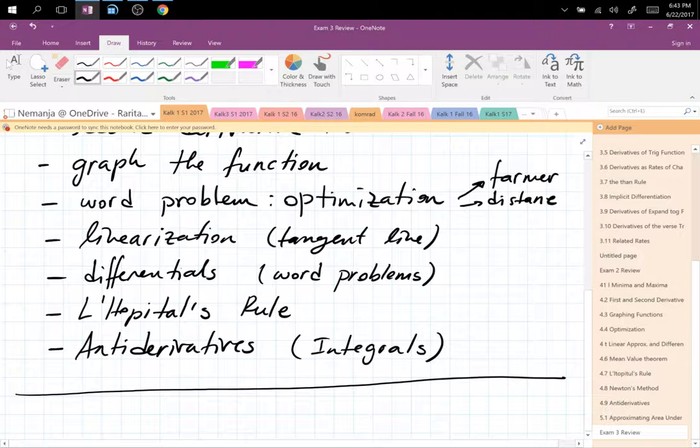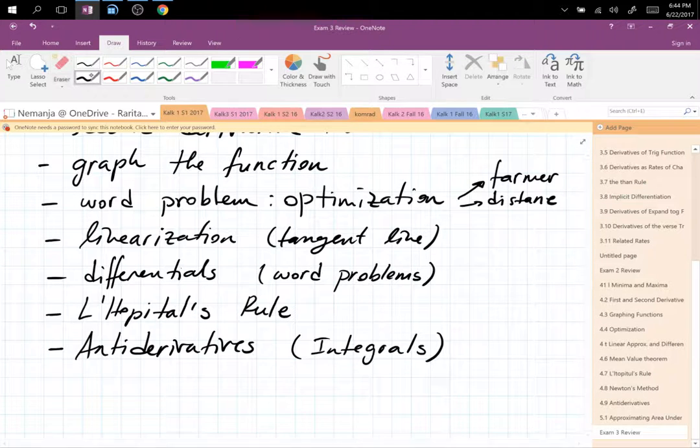Like specific theorem questions or anything like that? Ooh, mean value theorem. I forgot about that one. Good. Because that's definitely going to be there.